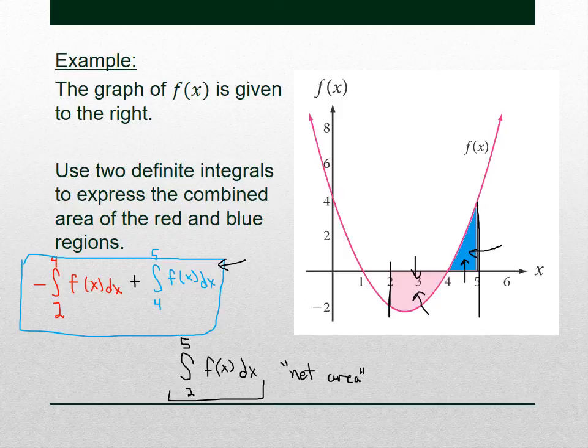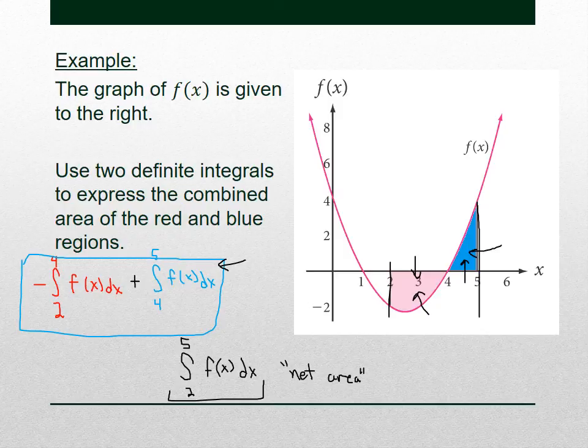For example, looking at this graph, it probably would be, and we'll get to an example of that in a few slides. If that is a negative number for that net area, all that means is that there's more area below the x-axis than there is above. So I say this integral probably would be negative because it looks like the red area is greater than the area of that blue section.